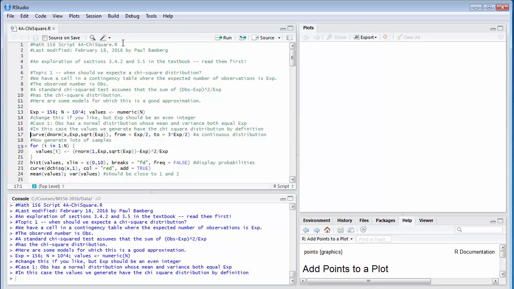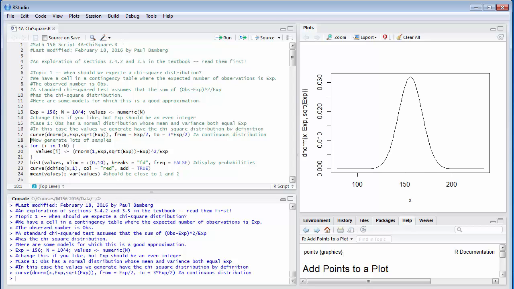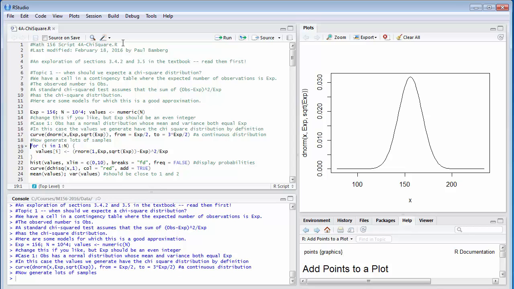So let's look at the density function for the normal distribution with a mean of exp and a standard deviation of the square root of exp, that is, a variance of exp. So there it is, nice continuous distribution, and now we can generate lots of samples for it.